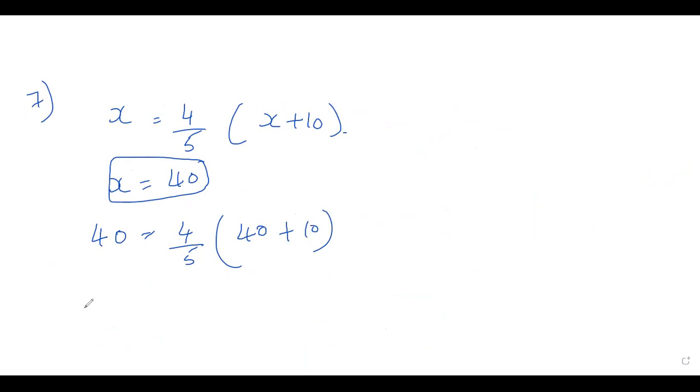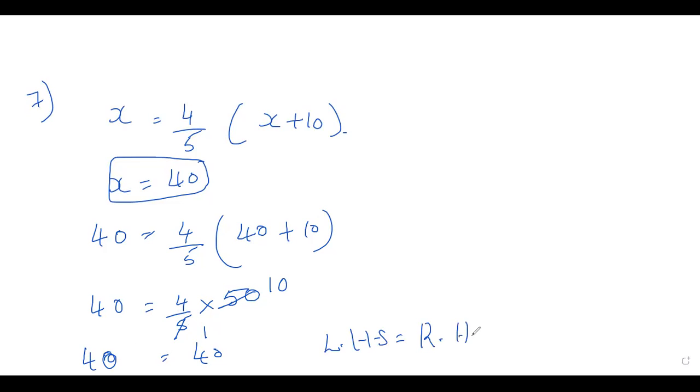Write 10 as it is, equal to 4 by 5 into 40 plus 10 is 50. So you can cancel 5 and 50, right? 5 ones are 5, 5 tens are 50. Okay children, we have 40 on the left hand side, 4 into 10, 40. Therefore, LHS is equal to RHS. Both are equal.